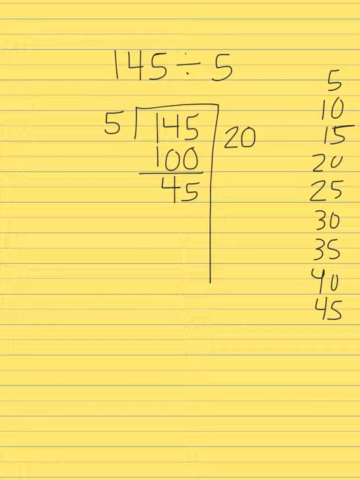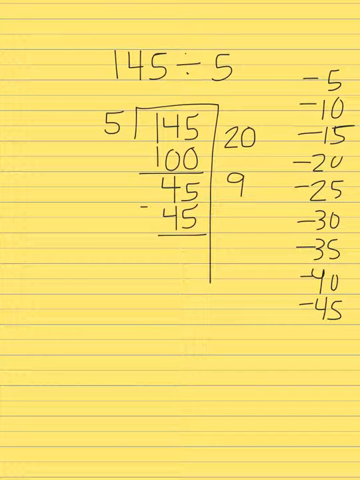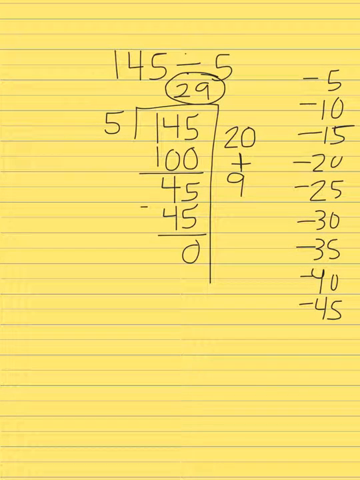And they would see that we can divide 45 by 5 equally. If they're not sure 5 times what, well, 1, 2, 3, 4, 5, 6, 7, 8, 9. So 5 times 9 is 45. There's no remainder. So the quotient answer is 29.